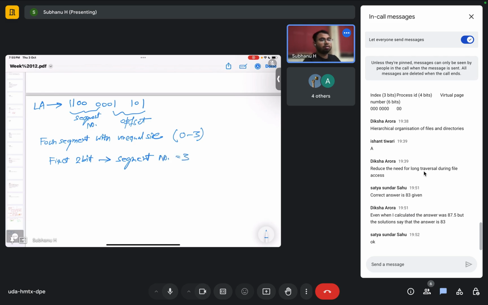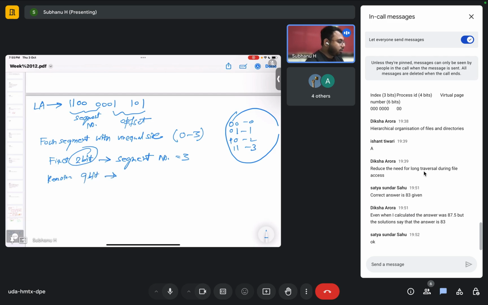Why the first 2 bits? Because using 2 bits, you can represent 0, 1, 2, 3. So that's why 2 bits are sufficient for 4 segments. Then we have the remaining 9 bits.